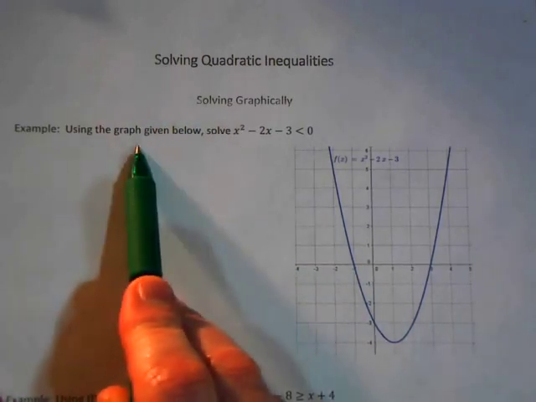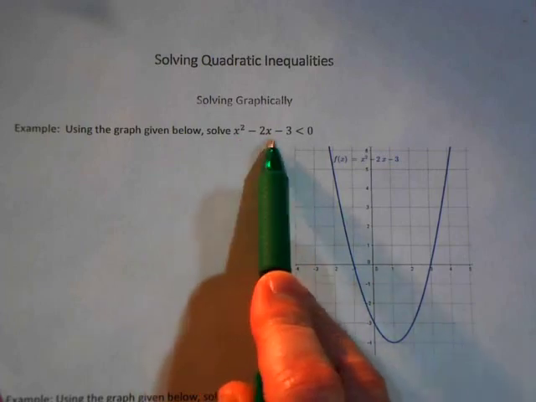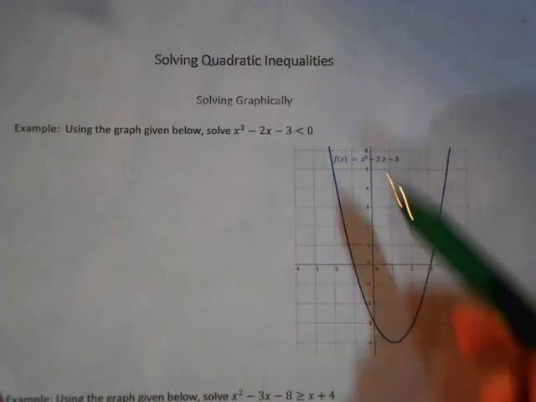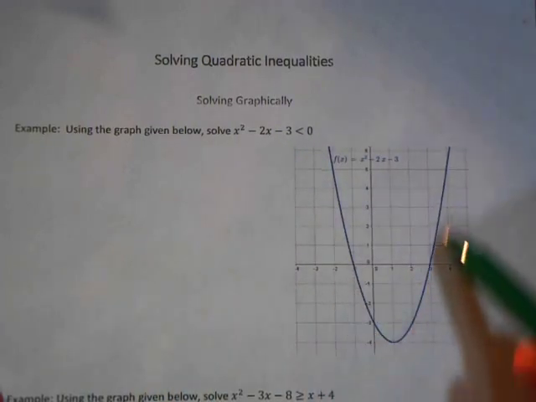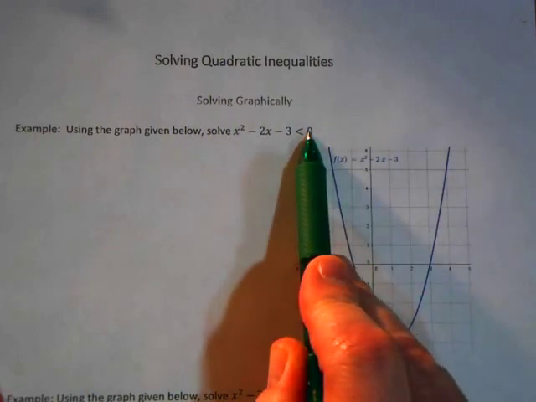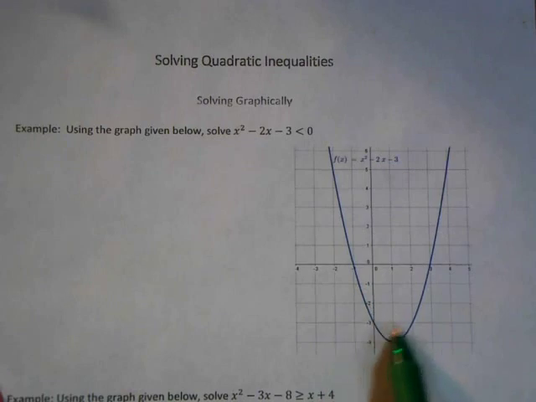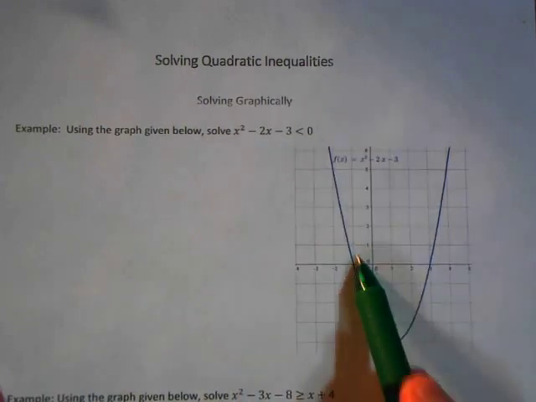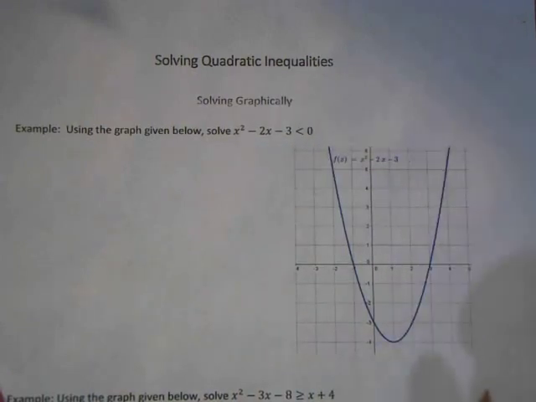Using the graph below, solve x squared minus 2x minus 3 less than 0. So here's our x squared minus 2x minus 3, and it's less than 0 means that it's below the axis. If I said bigger than 0, it would be above the axis. So where is it below the axis?